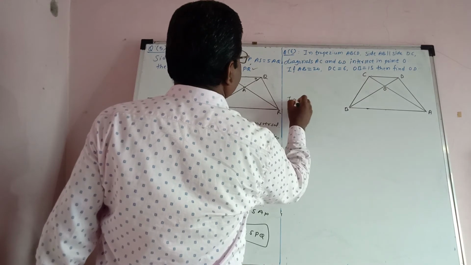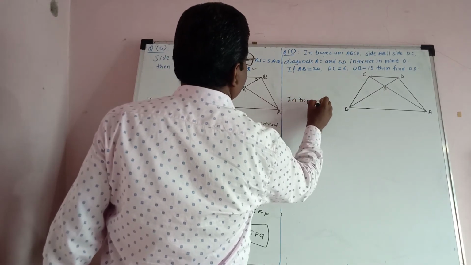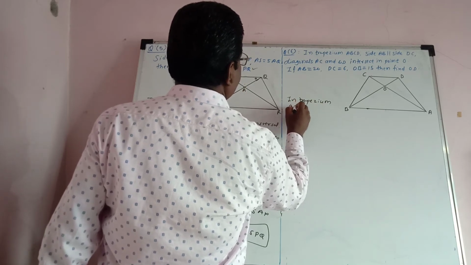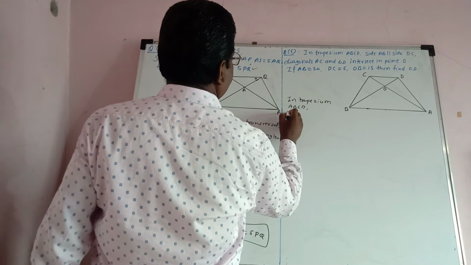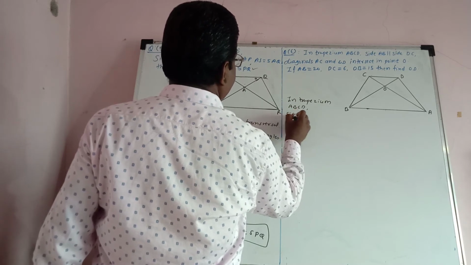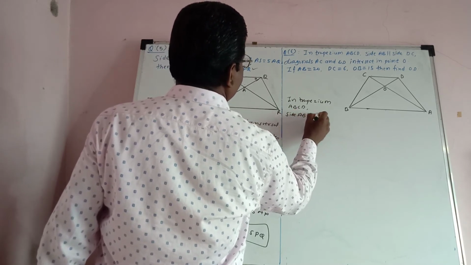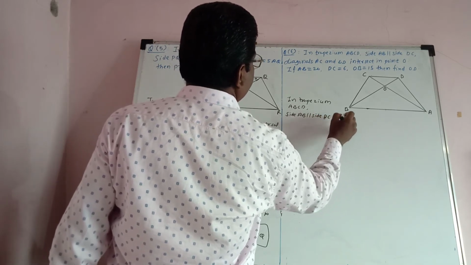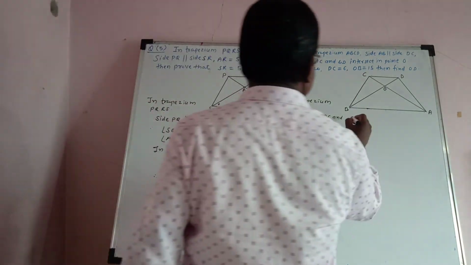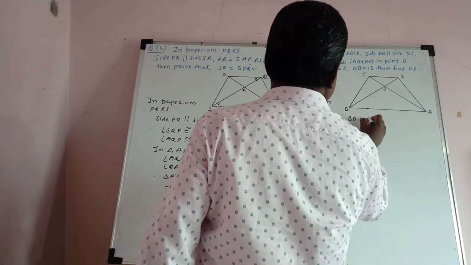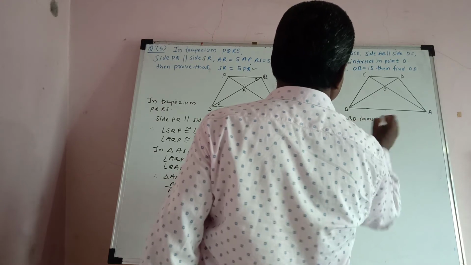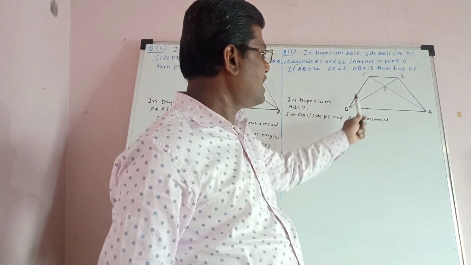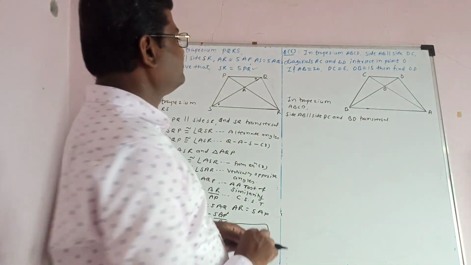In trapezium ABCD, side AB parallel side DC and BD is a transversal.